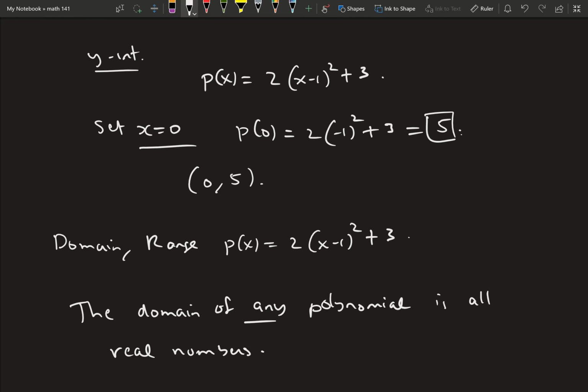The reason why is because you're just multiplying numbers. You can multiply any number you like. So the domain in this case of p of x is everything, negative infinity to positive infinity.